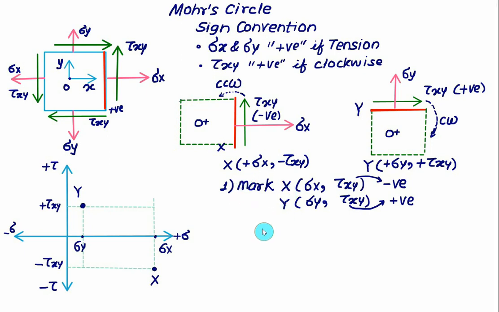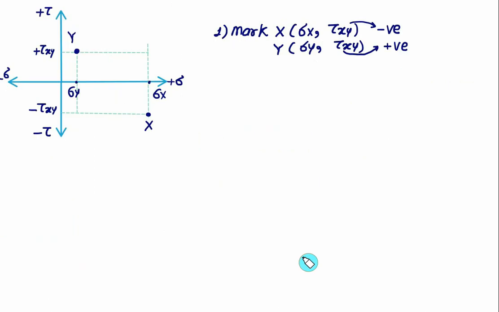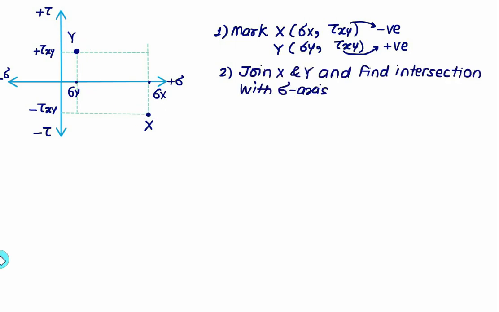Once you obtain the coordinates of x and y and have successfully located them on the Mohr circle coordinate system, that is the sigma and tau axes, you have to join the two points x and y. Step number 2 says to join the values of x and y, and find the intersection of this line joining x and y with the sigma axis, and this point we label as the center O of the Mohr circle.